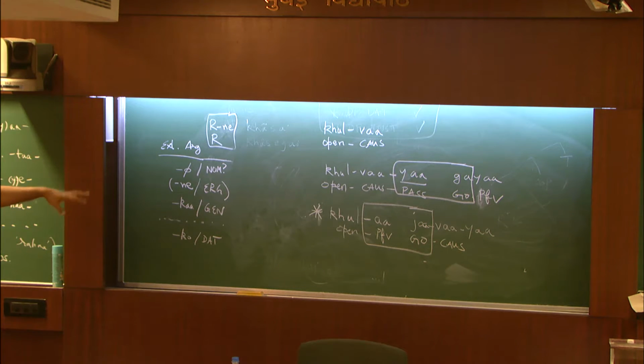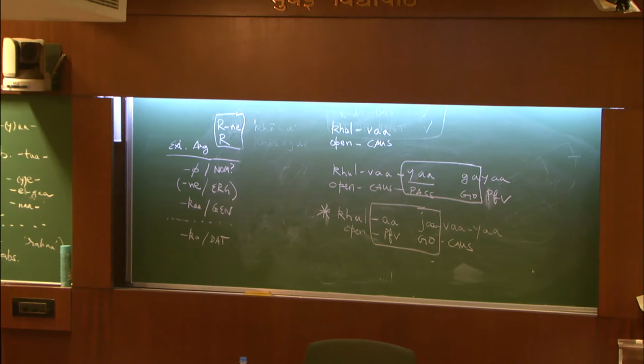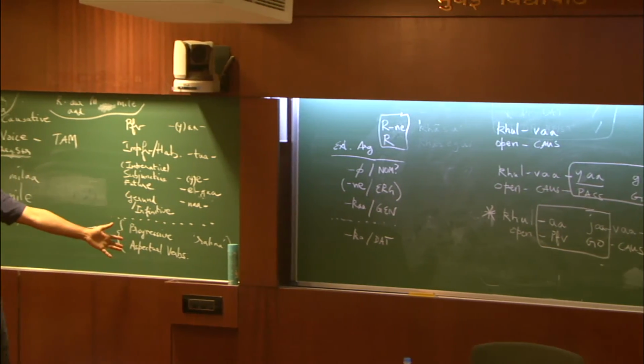I think these are important from the angle of the architecture. One other thing which is kind of fun to play with here is how these guys interact with the passive.